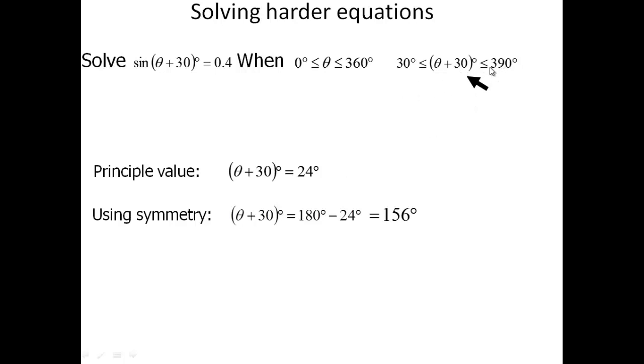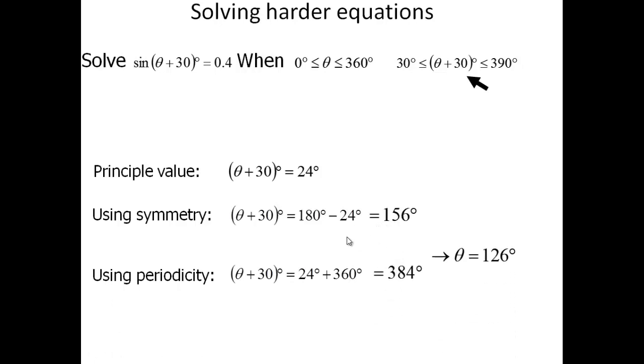We've only got 1 cycle of the graph, so we would actually expect only 2 answers. And we can see here that if we add or subtract 360 from 156, it would either be too big if we add 360 or too small if we subtract 360. So the only 2 answers we're going to get are the 384 and the 156.